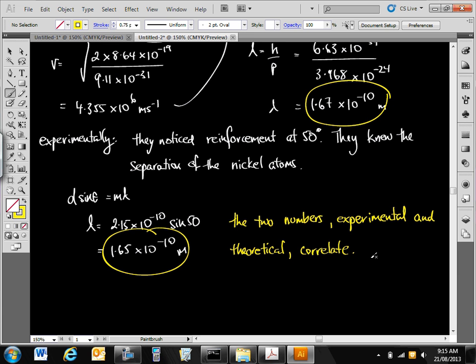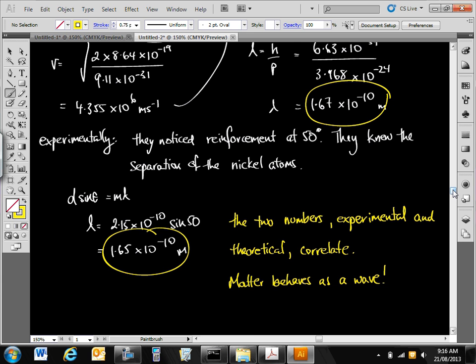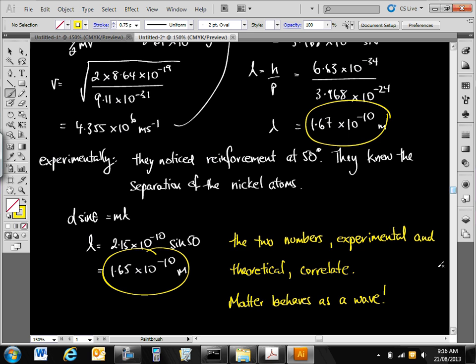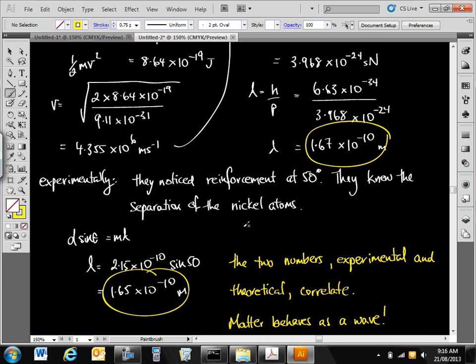Very close correlation. And from this, they get that matter behaves as a wave. And that's the Davisson-Germer experiment, 1927. That's all.